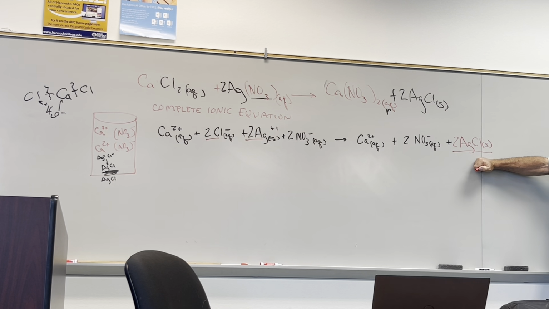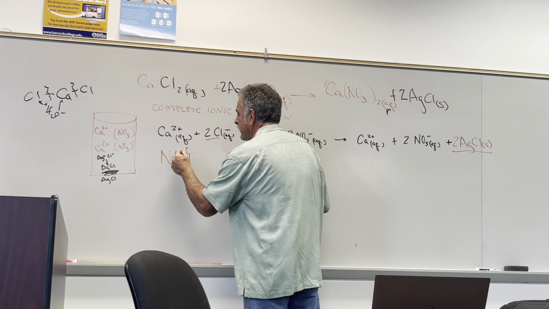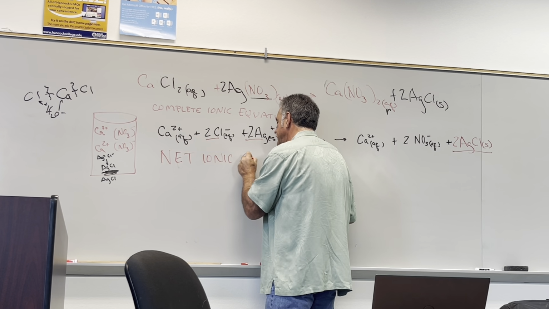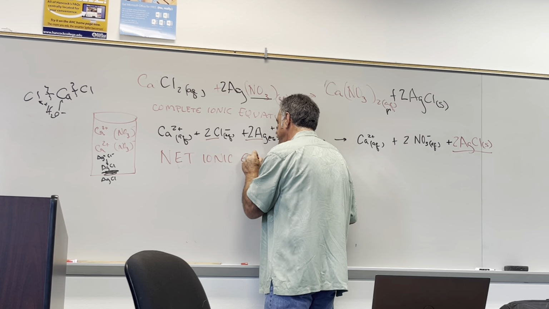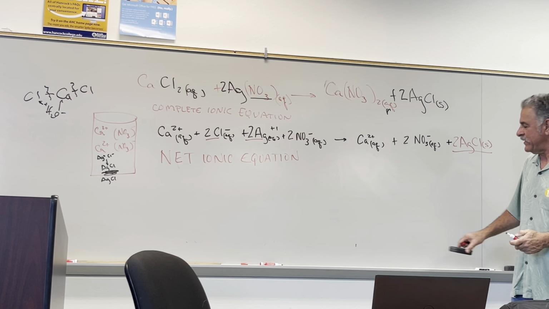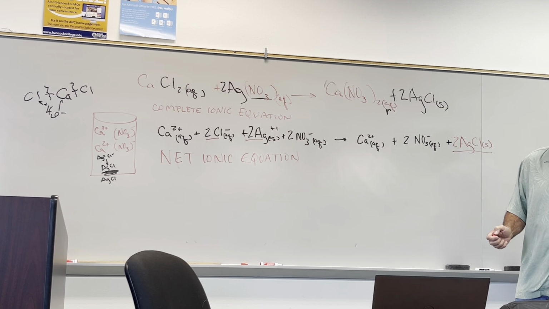And when we look at the change, we call that the net ionic equation. When we look at the net, what we're doing is saying what changed, what stayed in solution, what changed.